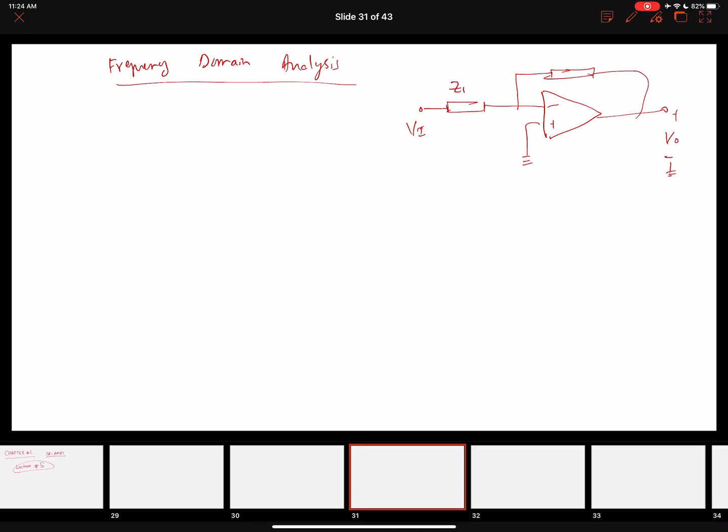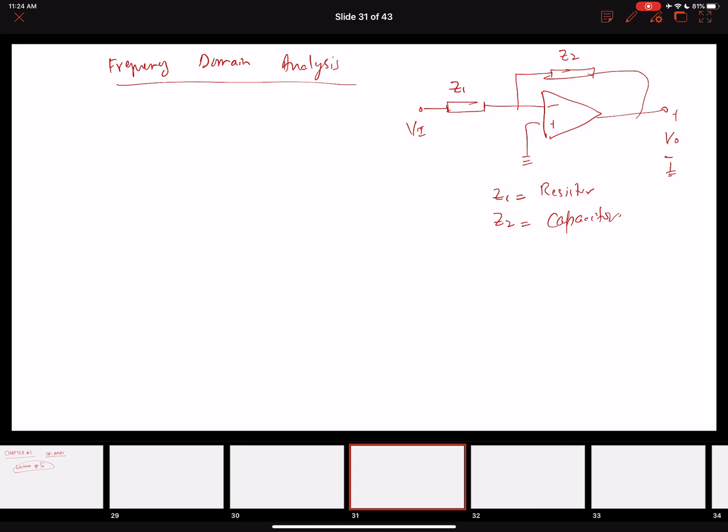This is our Z1, the impedance, which we know in this Miller integrator is the resistor. And then we have Z2 in the feedback, and we know that Z2 is a capacitor in the Miller circuit configuration.